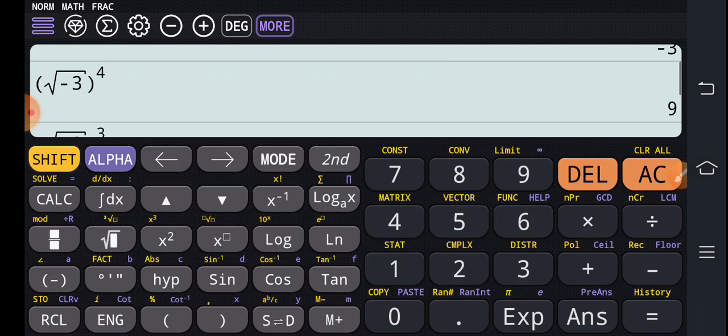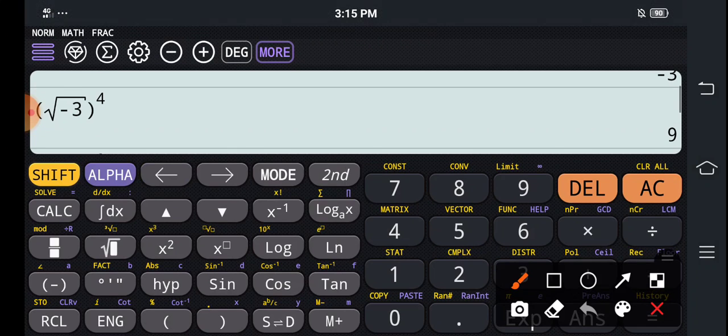Okay, the result is 9 because our exponent is also even. What if our exponent is odd? If our exponent is odd, what is the result?